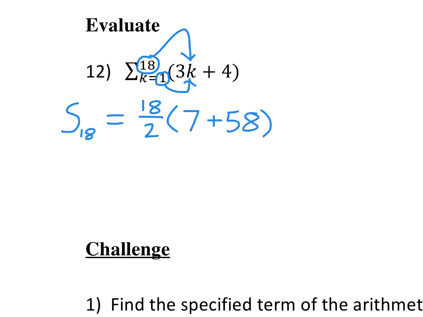All right, so this sum is going to be 9 times 65. 9 times 60 is 540. 9 times 5 is 45. So this should be 585.